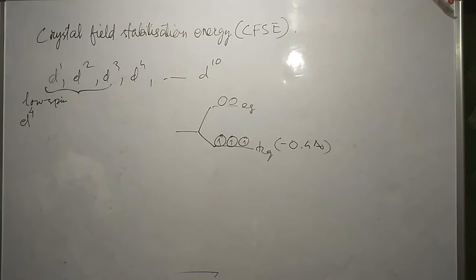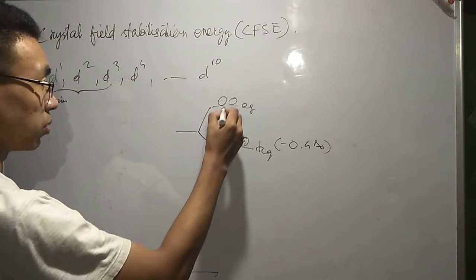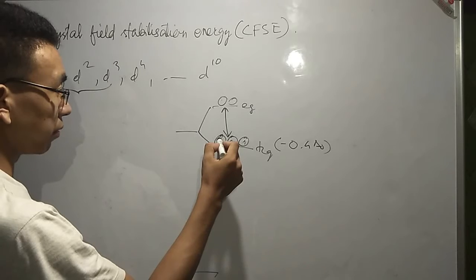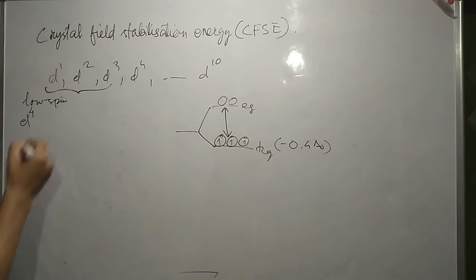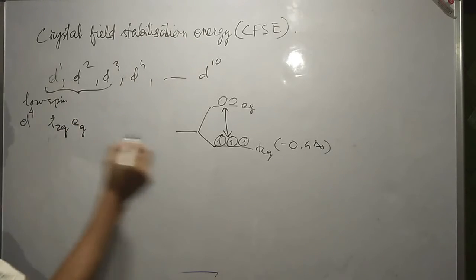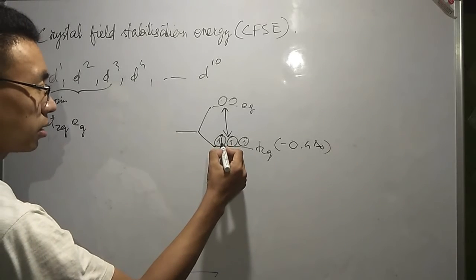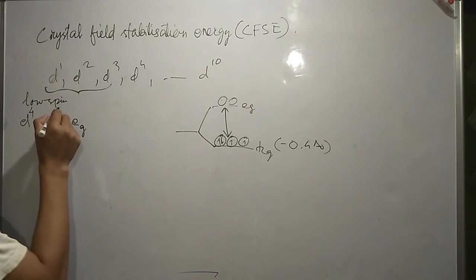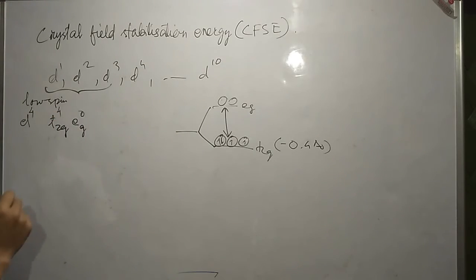For low spin, meaning less number of unpaired electrons, this is caused due to a strong field ligand, and therefore the energy gap between the Eg and T2g will be much higher. Therefore, the electrons will be filled only in the T2g level. So the configuration is T2g4 Eg0. All the 4 electrons will be filled in the T2g because it is low spin, meaning less number of unpaired electrons. So in the T2g there will be 4 and in Eg there will be 0 electrons.